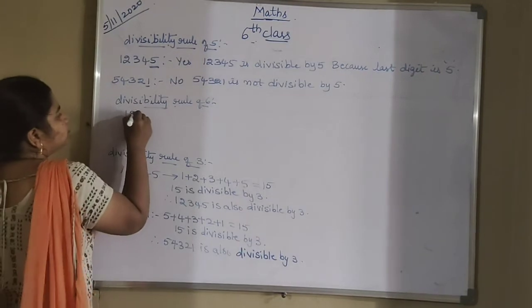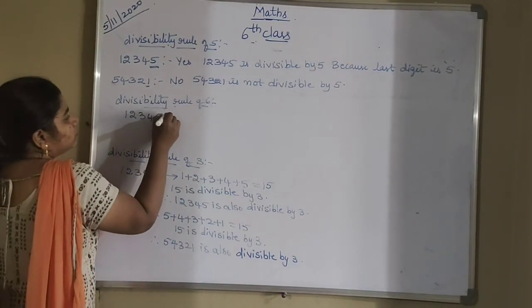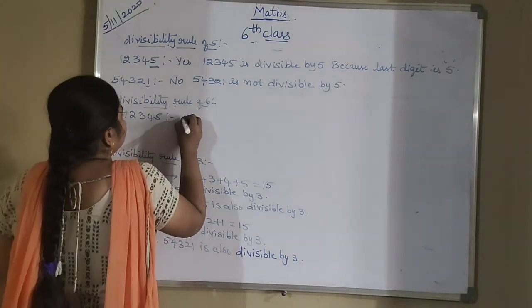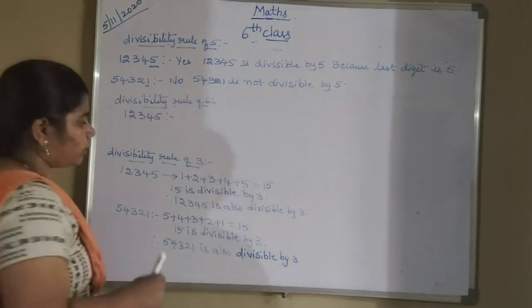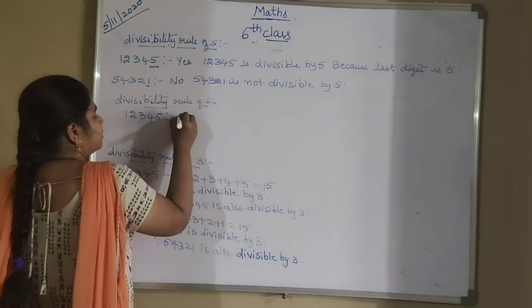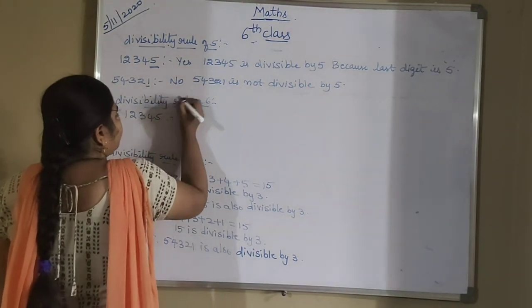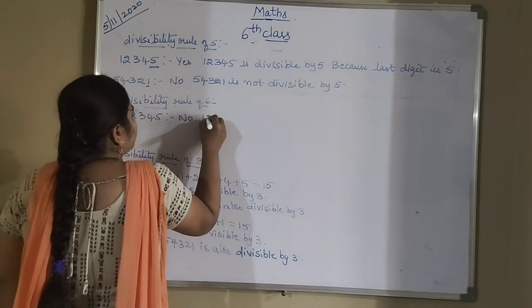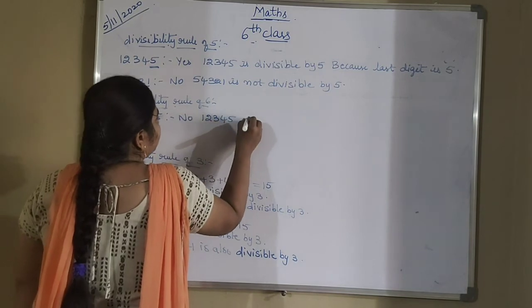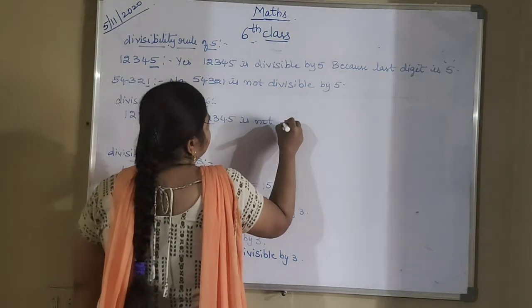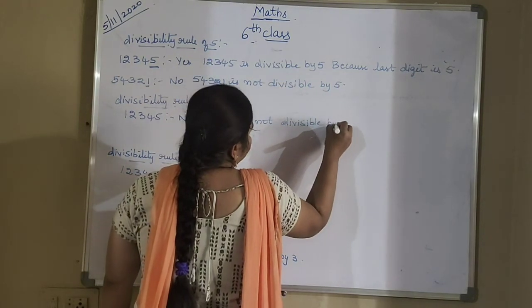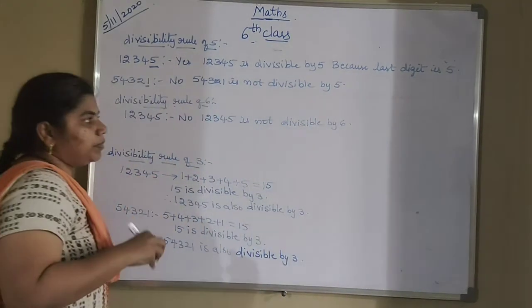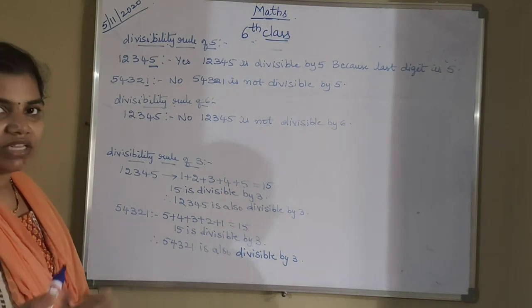So the divisibility rule of 6 will not be satisfied. Therefore, no, 1, 2, 3, 4, 5 is not divisible by 6 because 2 is not satisfied and 3 is satisfied.